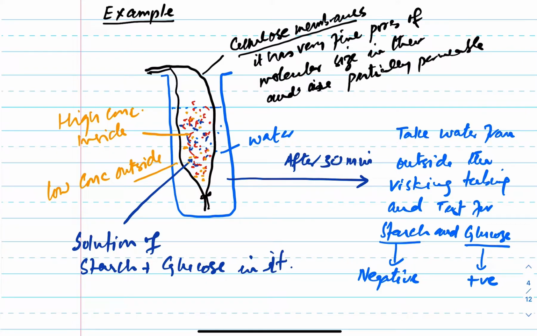However, glucose molecules are smaller and can move through the pores in this partially permeable membrane, down the concentration gradient. So that is why after 30 minutes, when we tested water from outside, no starch was found outside the whisking tubing, as starch has not moved out, whereas glucose tested positive outside, as glucose has moved out of it, down the concentration gradient.